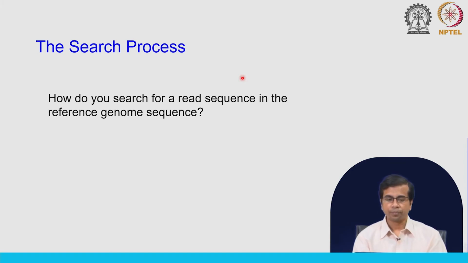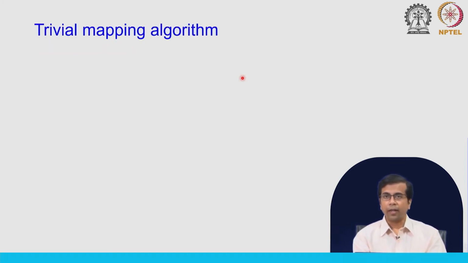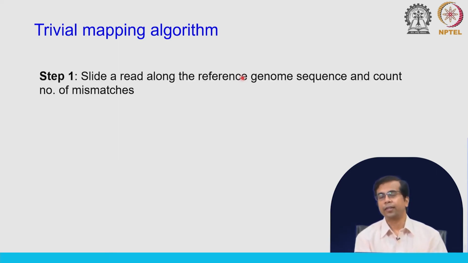So, you can start with something called a brute force approach or a trivial mapping algorithm. What this means is that we have the read sequence and the reference sequence, and we can slide the read sequence along the reference genome sequence and see if there are matches.